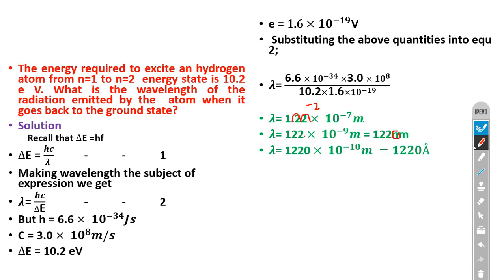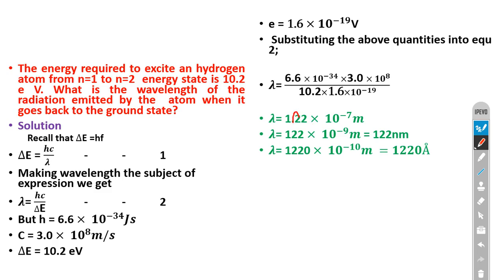If I move the decimal point one more place, I will now have 0 here, and this becomes minus 3.